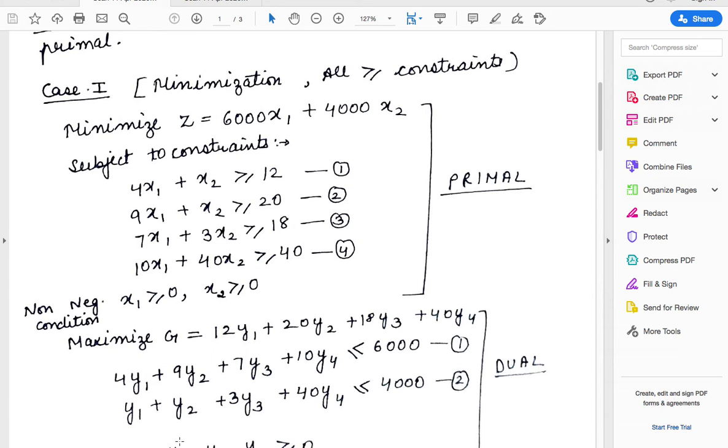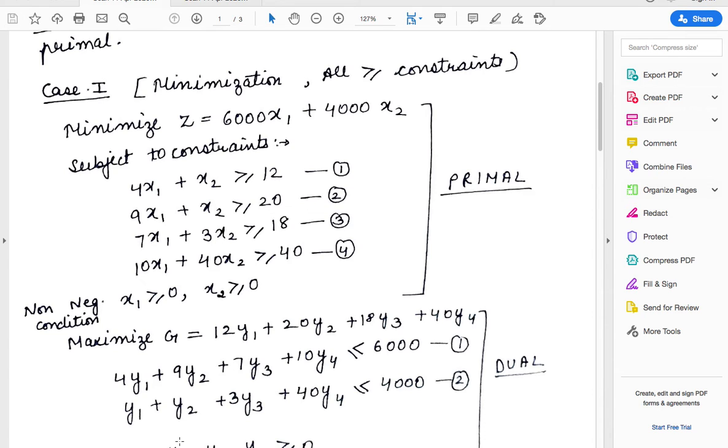The objective is minimize z equals 6000x1 plus 4000x2, subject to four constraints: 4x1 plus x2 greater than or equal to 12, 9x1 plus 1x2 greater than or equal to 20, 7x1 plus 3x2 greater than or equal to 18, and 10x1 plus 40x2 greater than or equal to 40. The third part is the non-negativity condition, which says that x1 and x2 are greater than or equal to 0. So this is the problem given in the question.